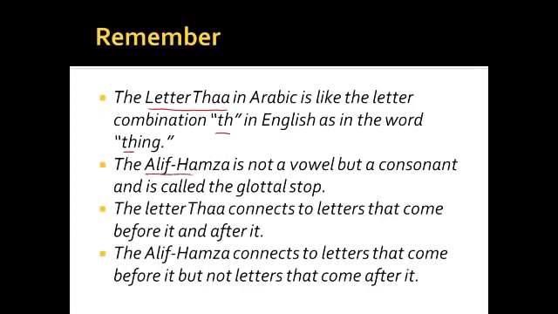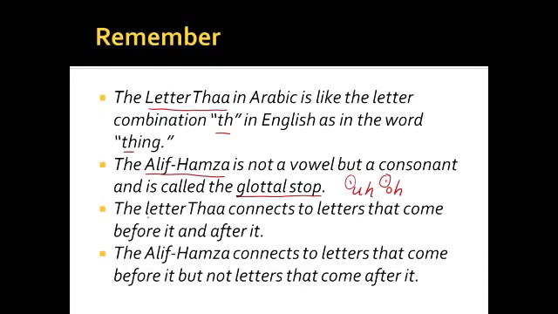Now the alif hamza is not a vowel, but a consonant, and it's called the glottal stop. I know that's a complicated word, but basically it's the same sound that comes at the beginning of the phrase, like if you said uh-oh. That oh is what we would call the glottal stop.